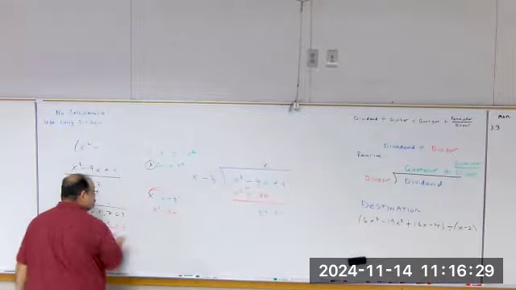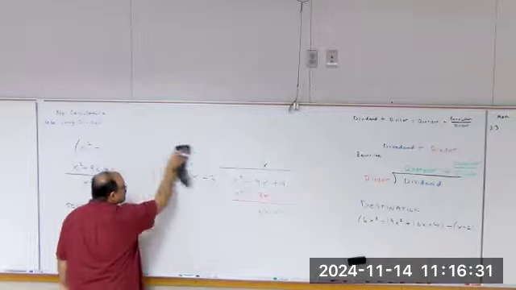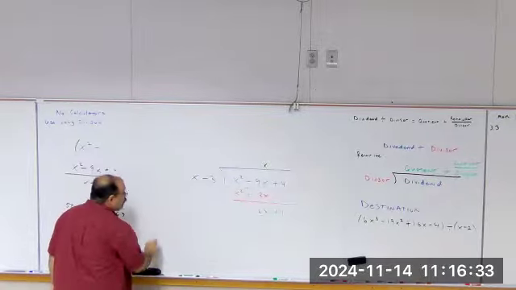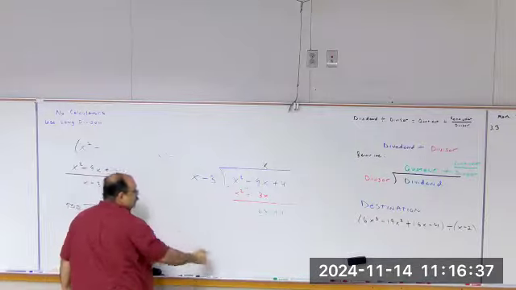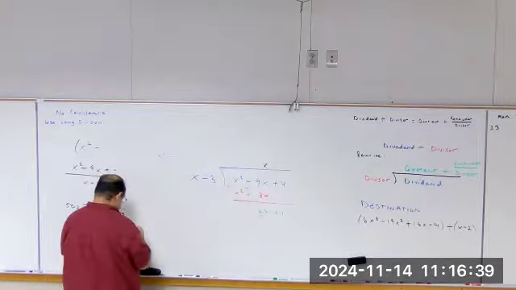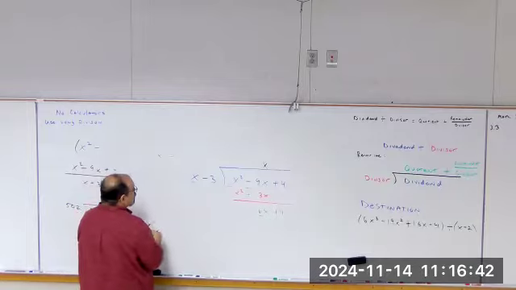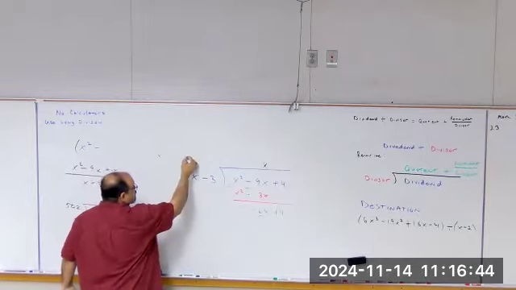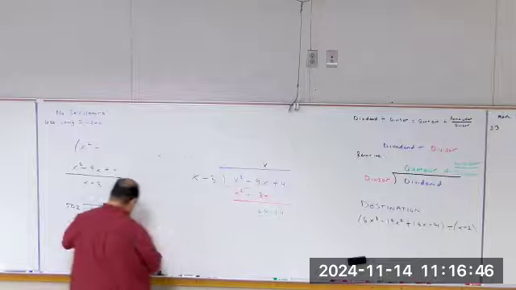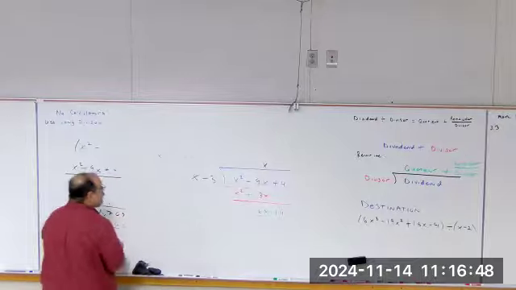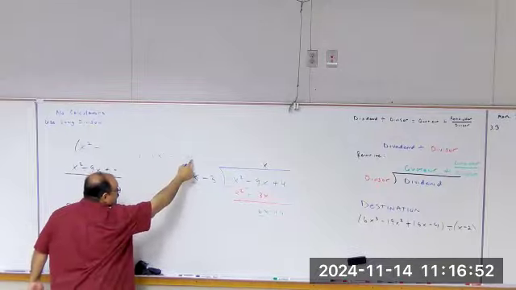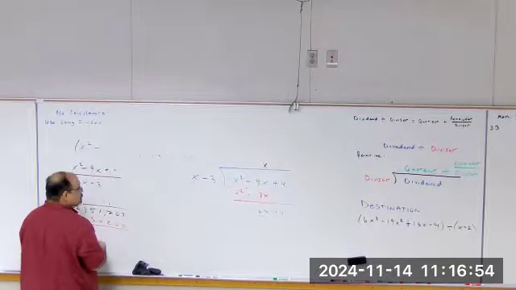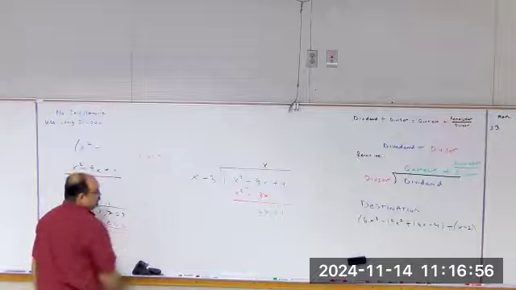What times this x right here? We want negative 6x, because that's what we have to cancel out. So what times this x would make negative 6? I need a negative 6.